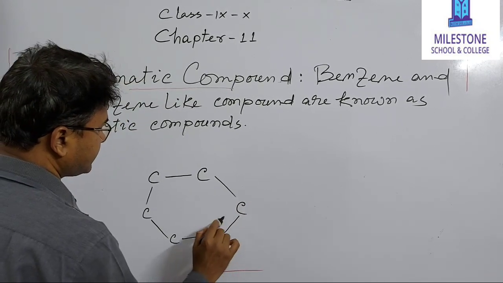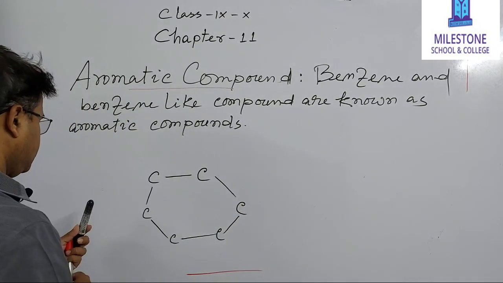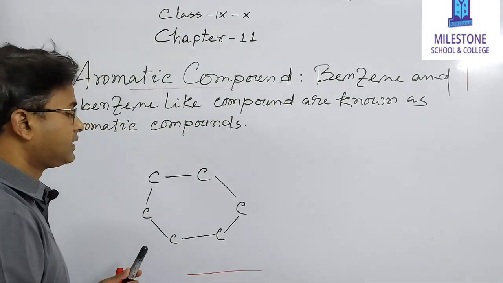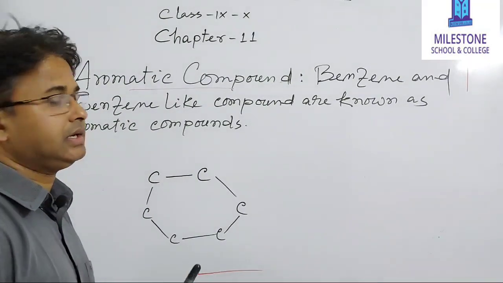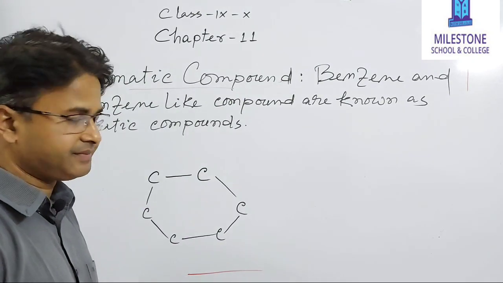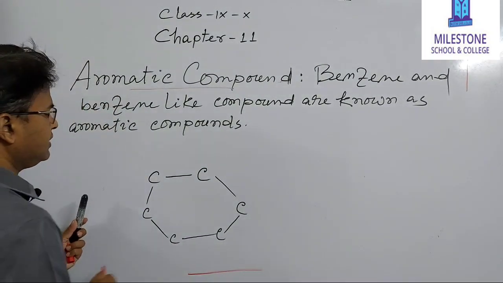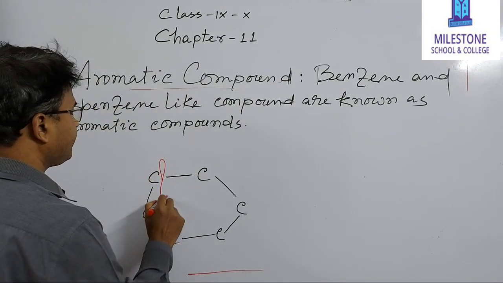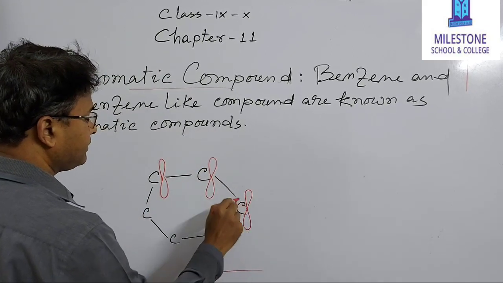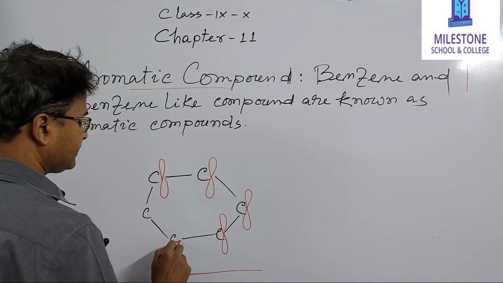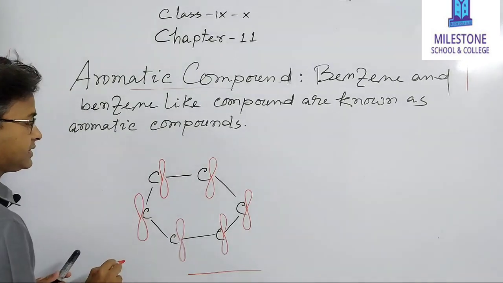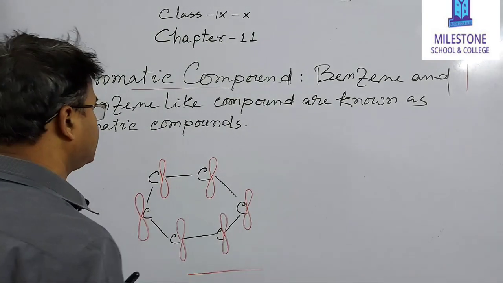There are 6 carbon atoms in the benzene, and those carbon atoms are placed at each of the corners of a hexagonal shape. Those are actually orbitals where the electrons are available, and those orbitals take part in the bond formation by partial overlapping.